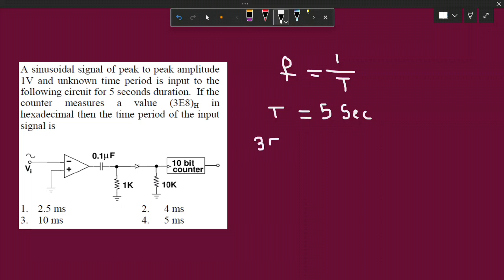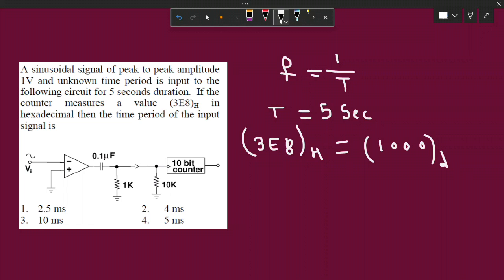So 3E8, which is in hex, is equal to 1000 in decimal. So the corresponding decimal value of 3E8 is 1000.